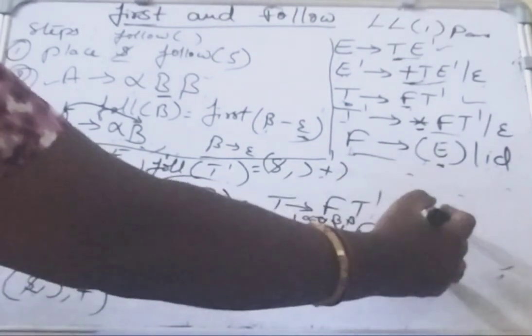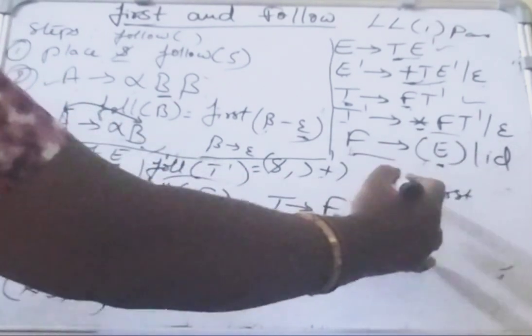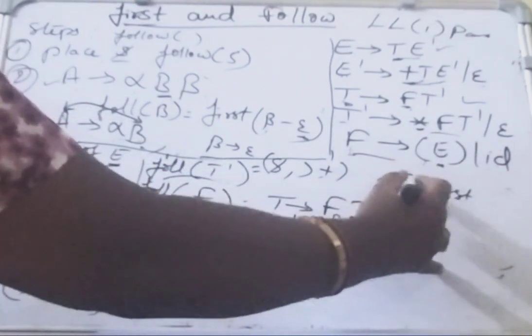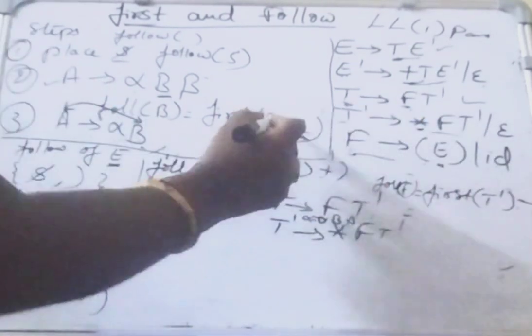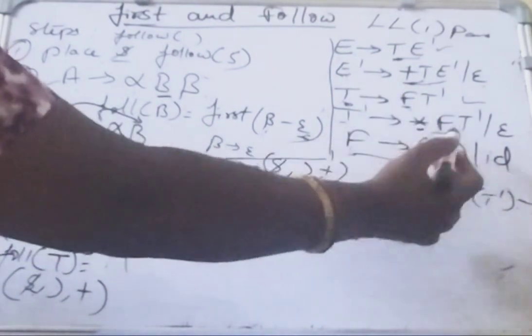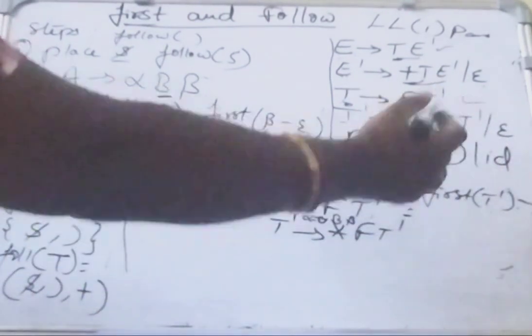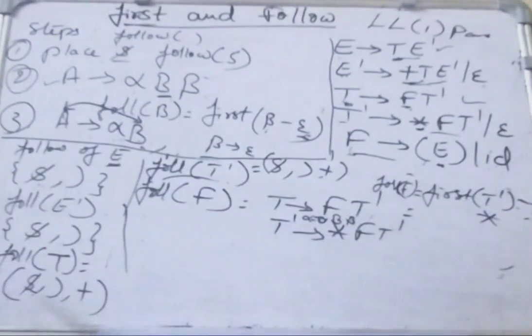That is, follow of f is equal to first of t dash minus epsilon, that is first of beta minus epsilon. So what is first of t dash? Already we computed, that is star and epsilon. So we take only star and ignore epsilon.